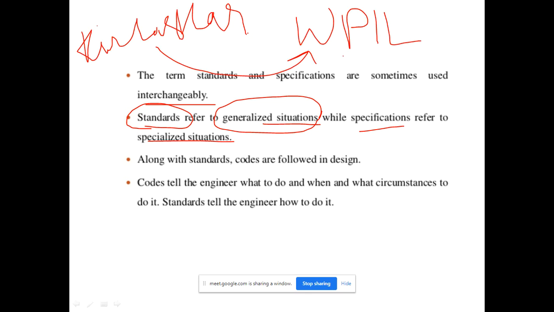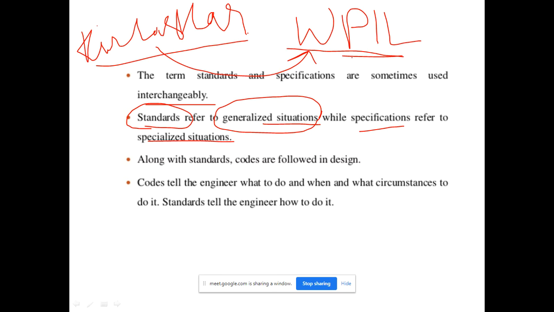This company is also manufacturing pumps. Now if you are considering a pump like a centrifugal pump, this centrifugal pump is manufactured by Kirloskar as well as WPIL. So Kirloskar and WPIL will follow the same generalized situation that is called the standard. So the standard adopted by Kirloskar and WPIL to manufacture the pump is the same.